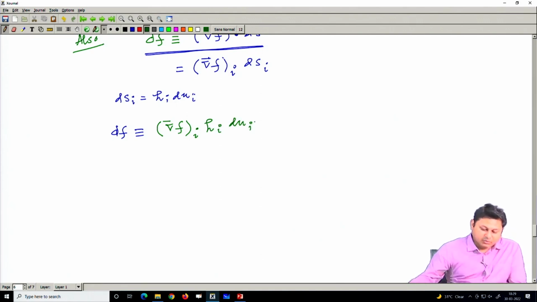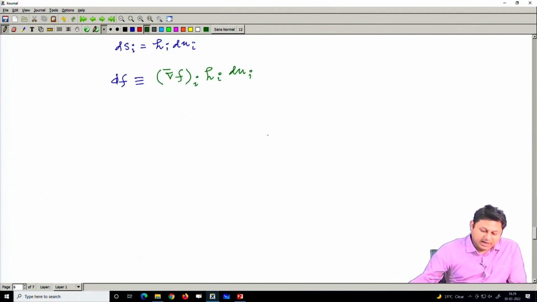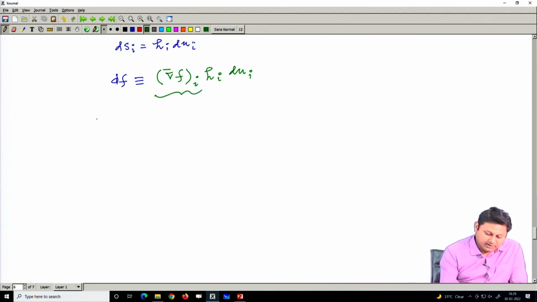Okay. So, what is the ith component? If I write this, the ith component of the gradient is simply 1 divided by Hi, del f del ui.